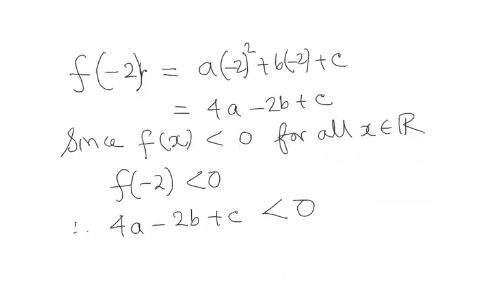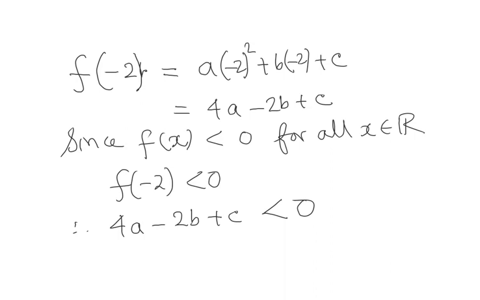Now we evaluate f(−2). f(−2) gives us 4a − 2b + c. Since we are working with the green curve, we know that f(x) is less than 0 for all x belonging to R. So f(−2) has to be less than 0. Therefore, 4a − 2b + c has to be less than 0.